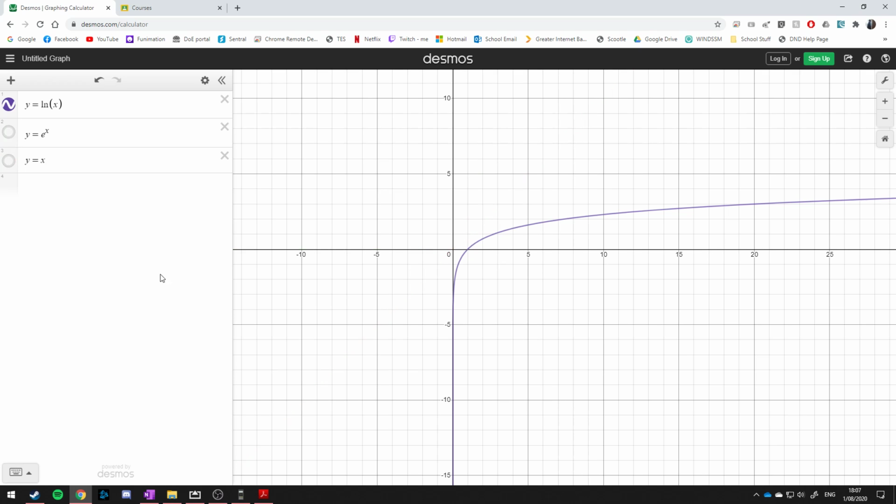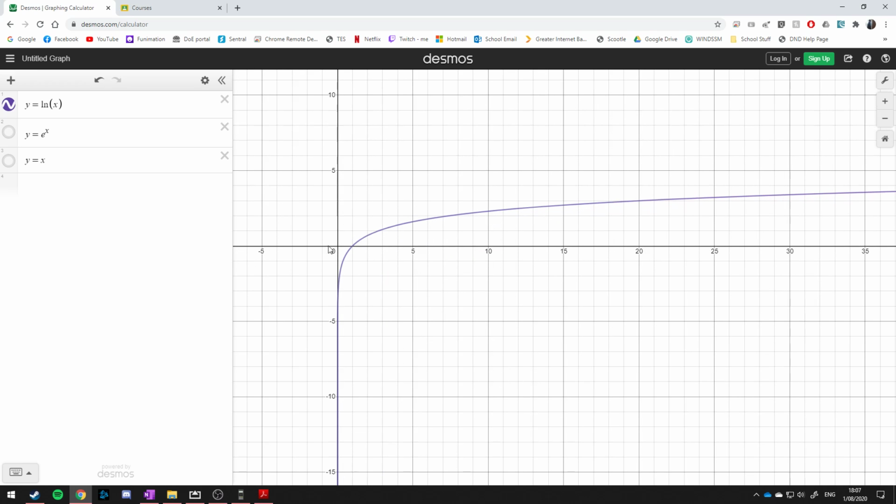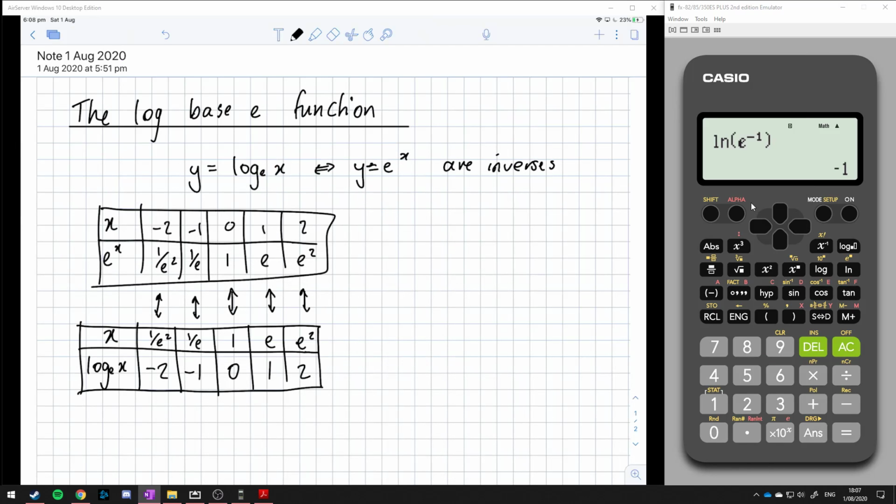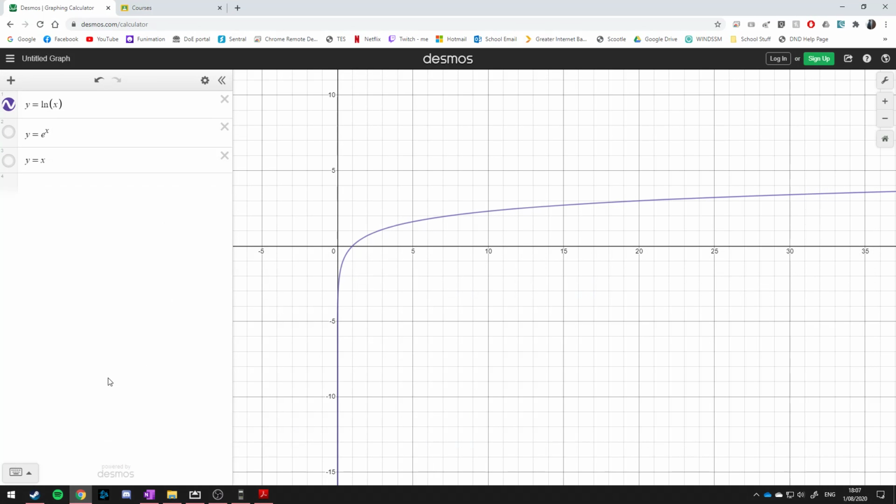Some quick things about the logarithmic function. The domain is all x greater than 0, because any number bigger than 0, because 0 can't actually go into this, will give me a value in return. For example, if I tried to put log of 0 in, I get a math error. The range is all real y.